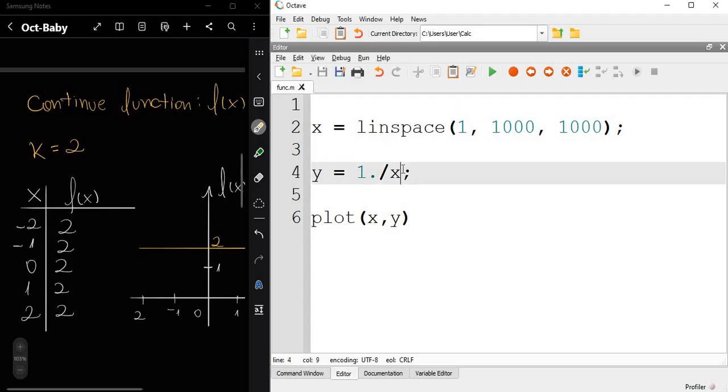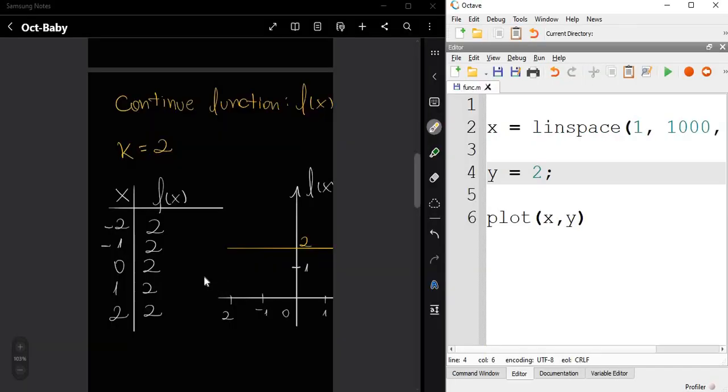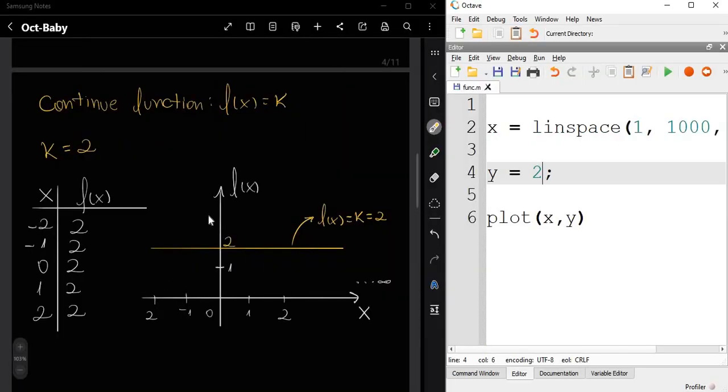So it is a constant, right? So right here 2, and of course, we can attribute to the constant k any real value that we want.